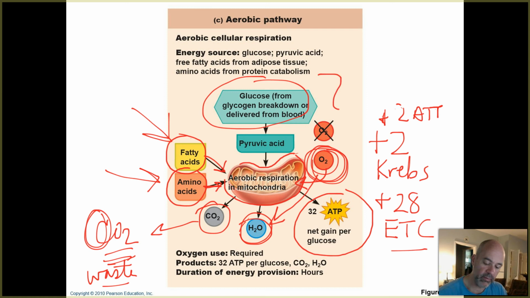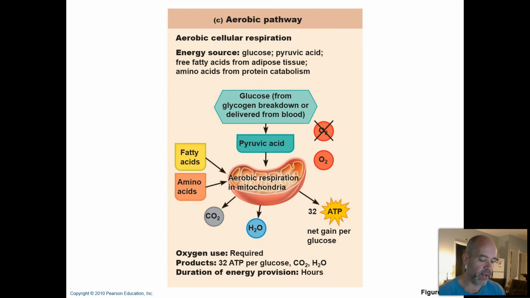Now notice over here, the first phase where you take glucose and convert it to pyruvic acid, that's glycolysis. That happens in the cytosol, not in the mitochondria, and you don't need O2 to make that happen. That's anaerobic, as we just talked about.